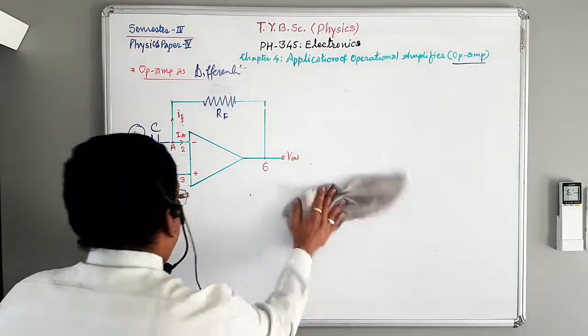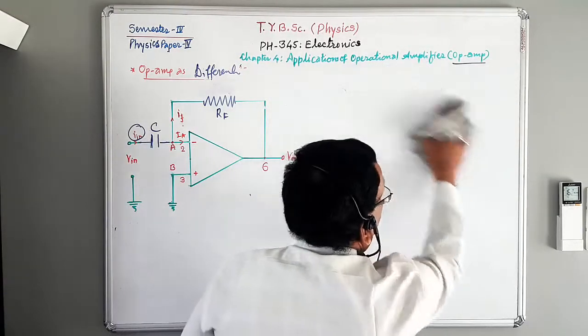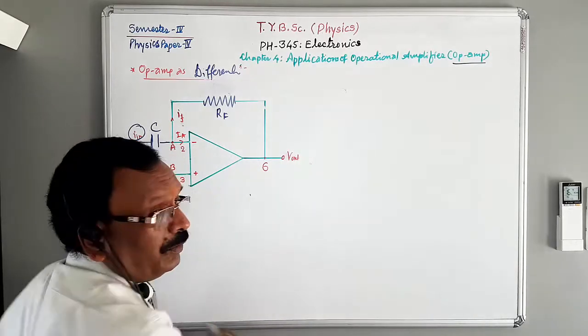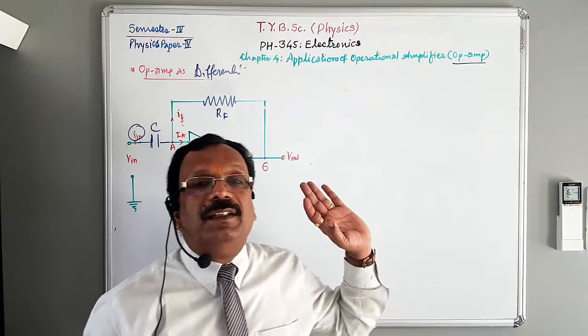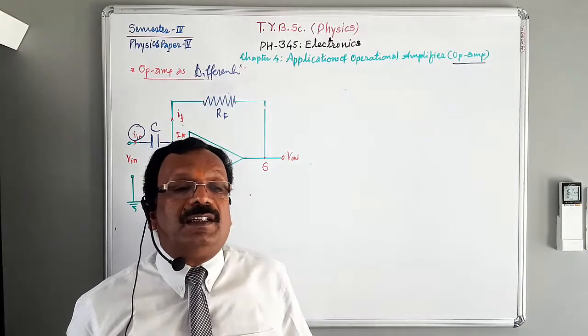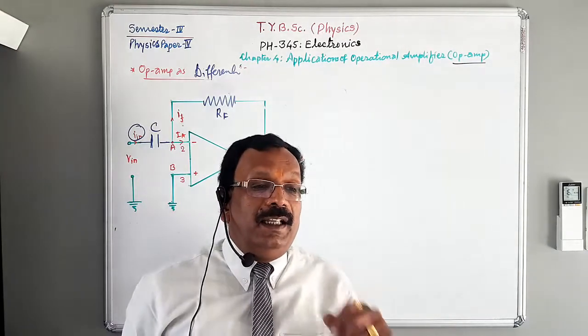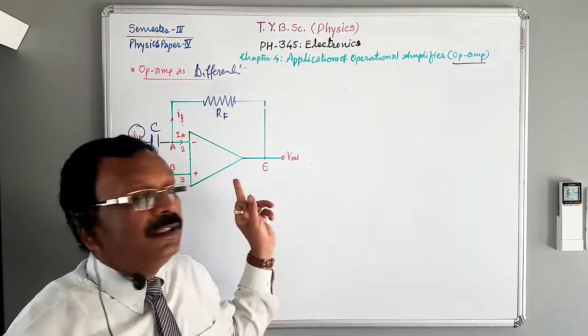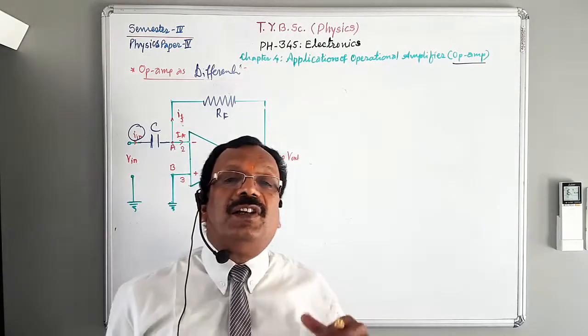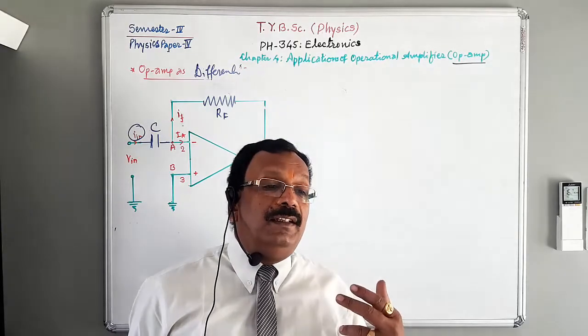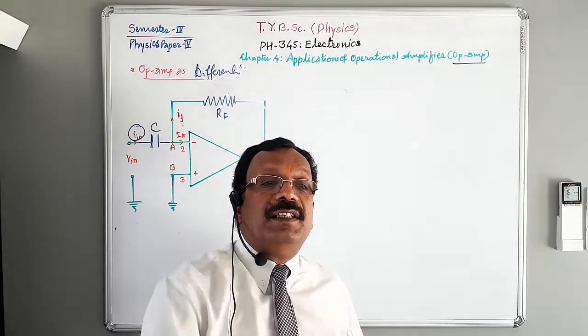So when input signal is applied through capacitor, there is a current flow in the amplifier summing point and non-zero output only when the input voltage changes.